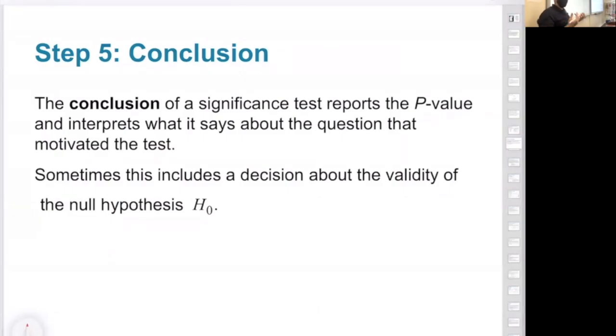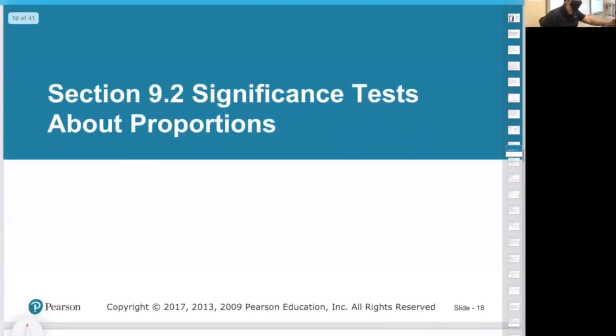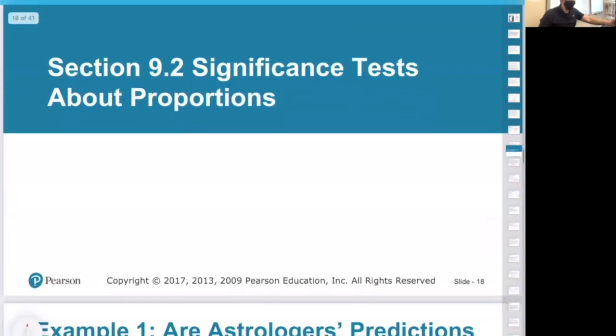The conclusion is the final step of our hypothesis testing, based on the comparison between the p-value and the significance level. You will say whether we have evidence supporting H naught or not, in case you reject the null hypothesis. We will see that in our first application about proportions.